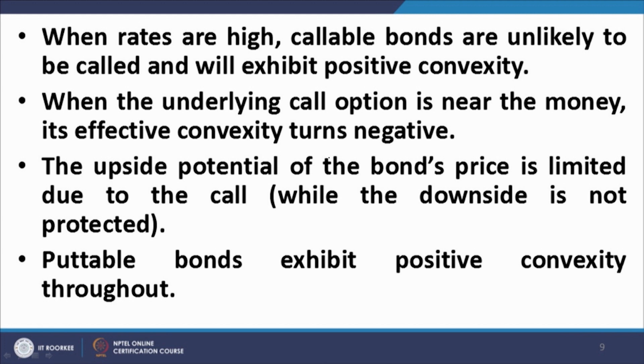When the underlying call option is near the money, the effective convexity turns negative. This is for a small region which is close to the exercise price, around which the convexity will turn out to be negative because of the truncation of the price by the exercise of the call option.